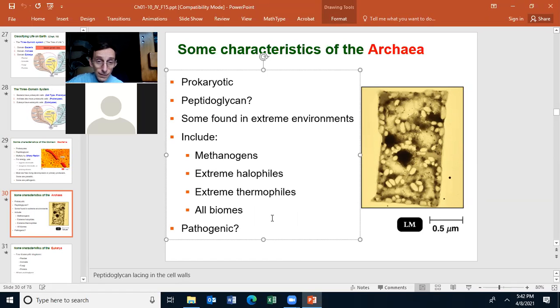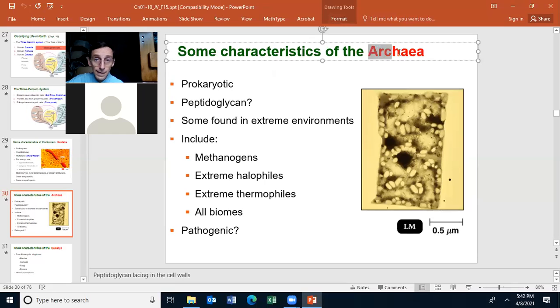So for that reason, we will not, after this lesson, be studying the archaea very much. Occasionally, we'll briefly discuss them, but we're not going to talk about the archaea very much in this class, because the focus of this class is to talk about the pathogenic organisms, meaning the pathogenic bacteria, and that does not include any archaea.